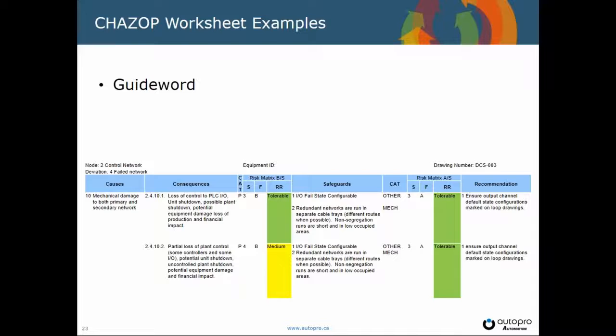So we just work through the causes, define the consequences, rank our risks, develop our safeguards, and then we can rank after safeguards to determine how effective they are, and then any recommendations that come out of this for follow-up after the study.